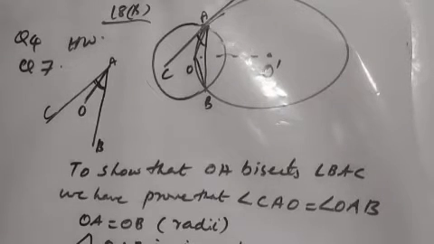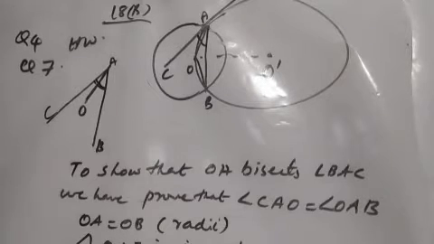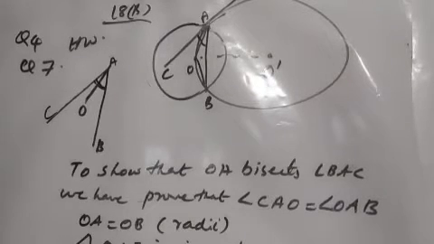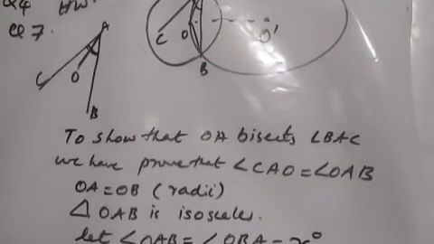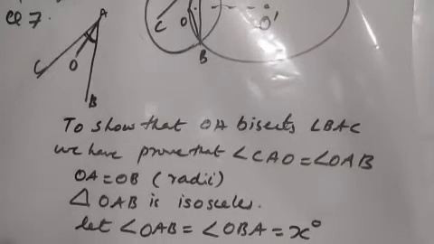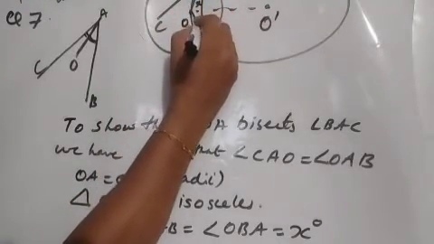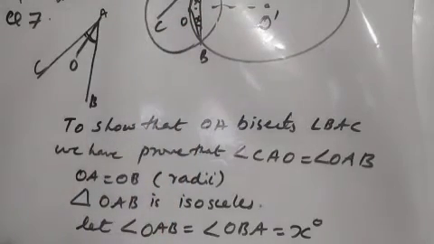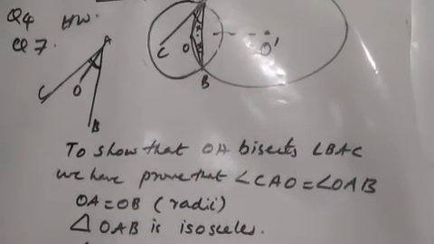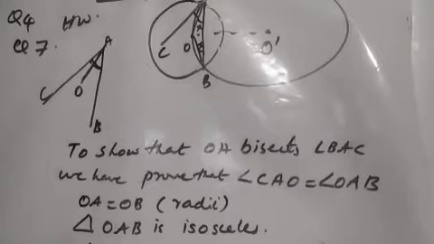Let angle OAB is equal to angle OBA is equal to x degree. They must be equal, no? Yes, angle BAO and angle OBA both are equal. So let us mark them as x degree. Okay, these two angles are equal. Now, OA is a chord.